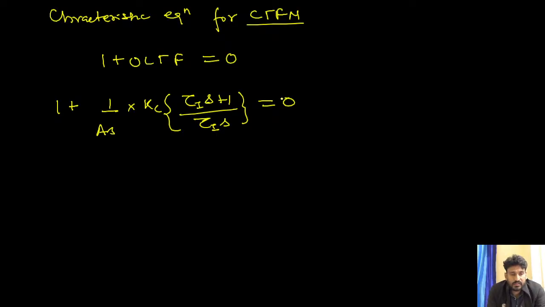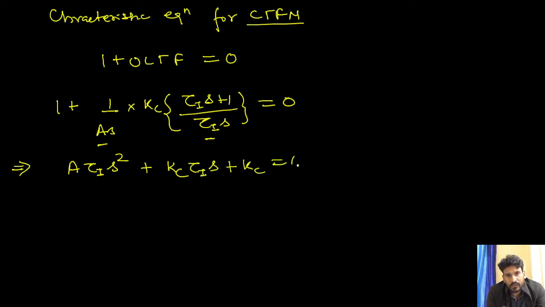Right. Okay, now just open the bracket. It is my A tau I s square plus Kc tau I s plus Kc is equal to 0. Yes or no? This is my characteristic equation.